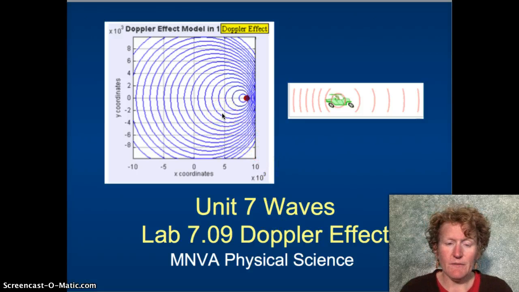Basically, the Doppler effect is the idea that sound waves are compressed relative to the observer if an object that is making a sound is coming towards you, and the sound waves spread out if you are behind the object, if it's heading away from you.